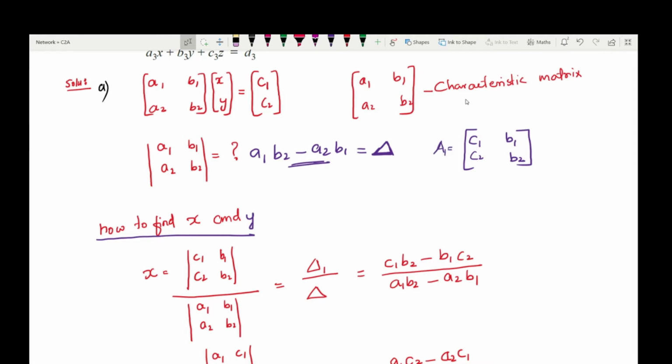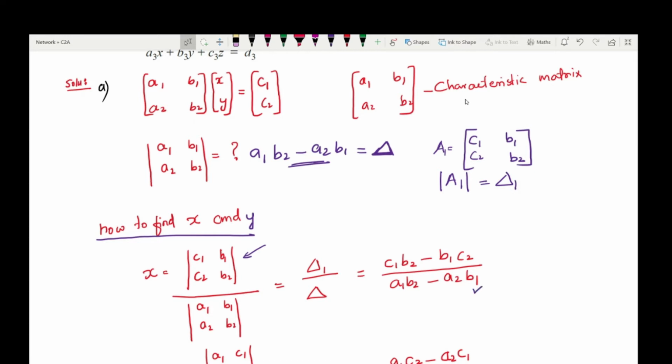Determinant of this one, determinant of A1, we can call delta 1. So that is shown here. So x can be calculated in this manner. It is the ratio of delta 1 to delta. We know what delta is. Delta is the determinant of this coefficient matrix, that is a1 b2 minus a2 b1.